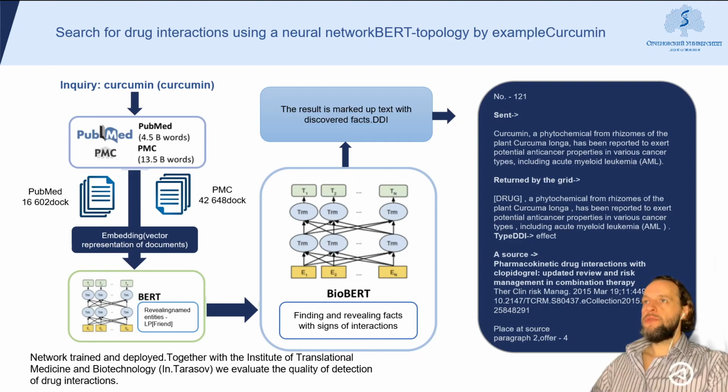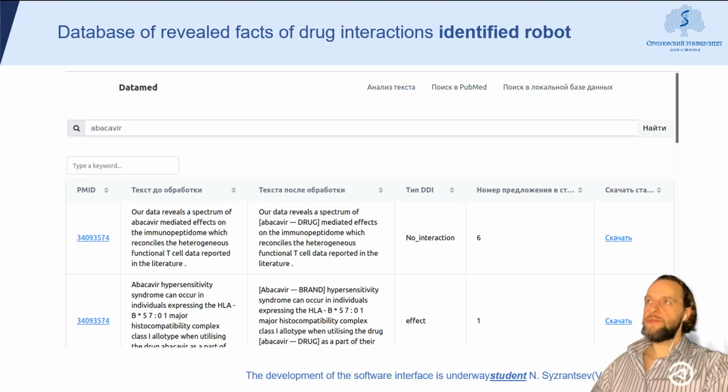Also, this technology could be used for drug interactions. The introduction of neural networks helps us find new facts of drug-drug interaction in different texts and analyze whether these interactions are listed in medical product leaflets and instructions for medical use.